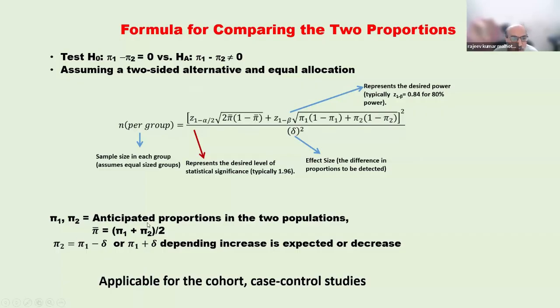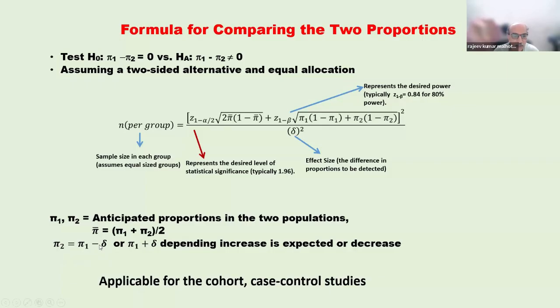So how you assume this in your alternative hypothesis: pi 1 is the proportion in the control group, and I am doing the treatment group, and this is my clinically important difference. Suppose you are taking 10% infection rate as pi 1, and now I am taking a 5% reduction, so my pi 2 is equal to 5%.